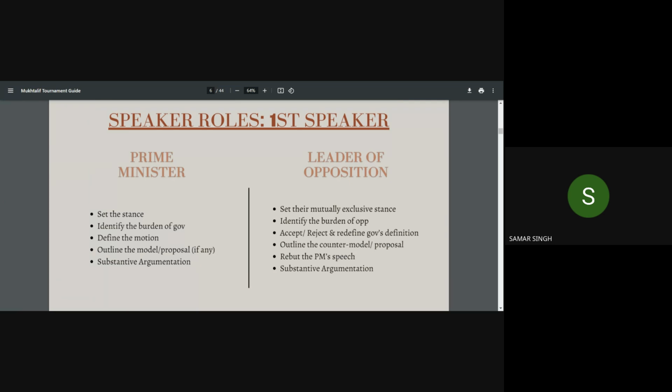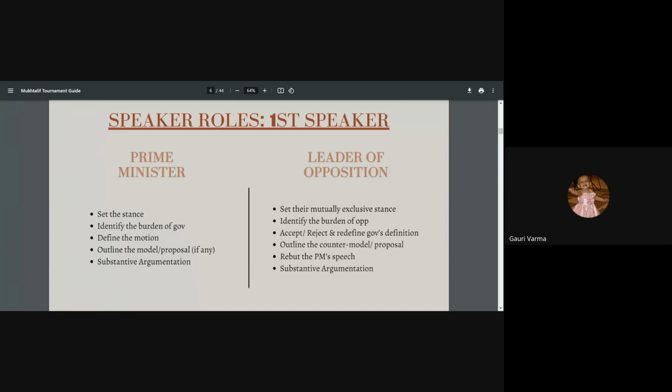You can give a preemptive rebuttal by saying that, hey, we know that the opposition will come in and talk about how inflation is going to increase after this ban, but that is still a good thing that we as the government would want because plastic is highly detrimental to the environment and whatever reason we have. So that is what a preemptive rebuttal could look like. It is basically giving a rebuttal even before someone spoke about it.